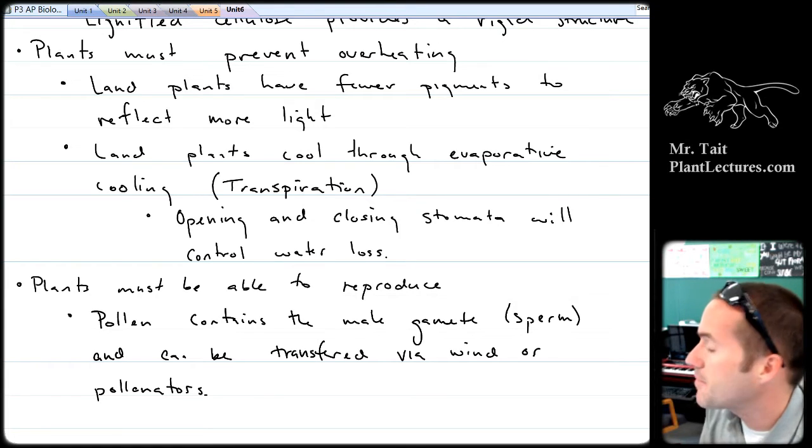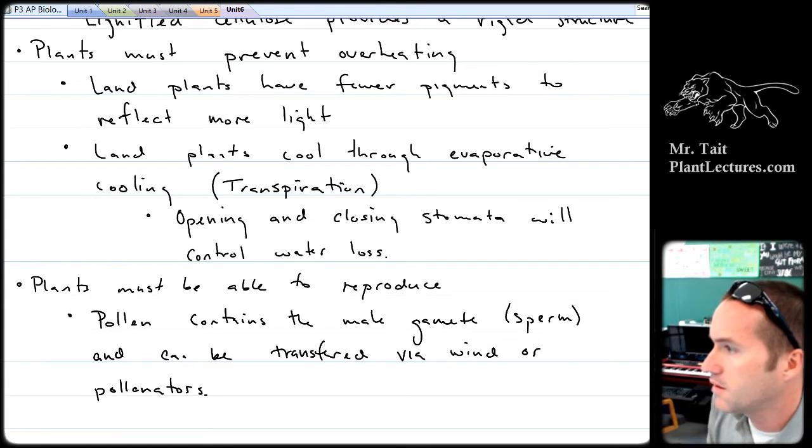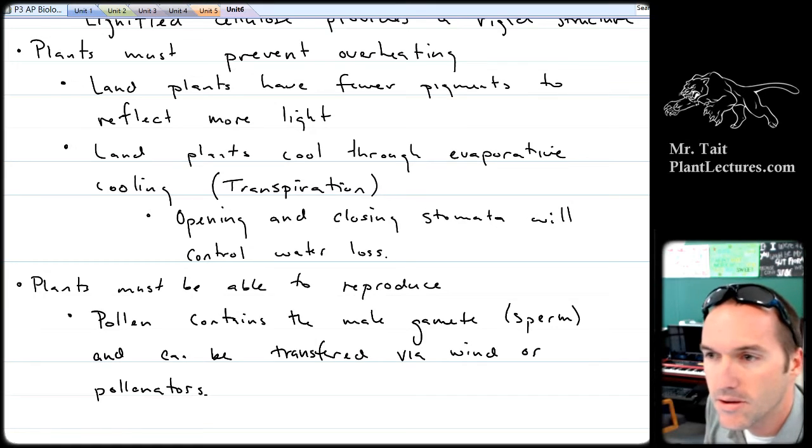Sperm is a gamete. It's just like one of the sex cells. So you get sperm and egg, and then sperm and egg combine and make a zygote, right?